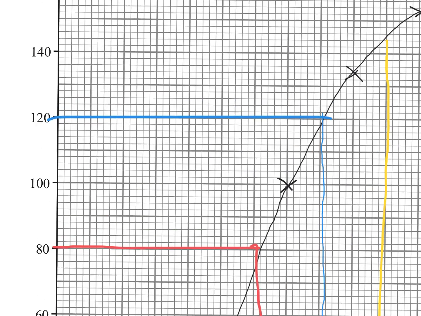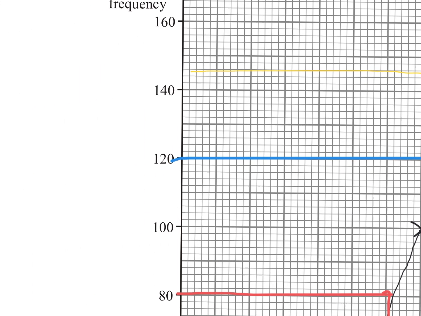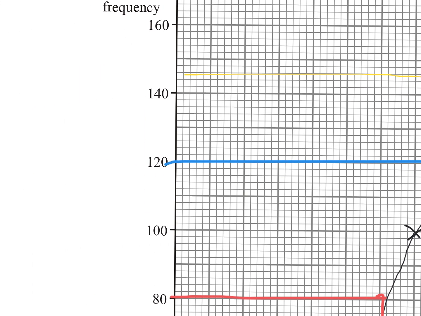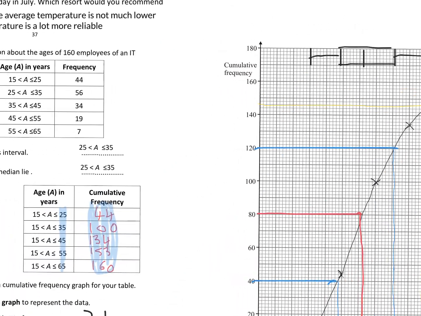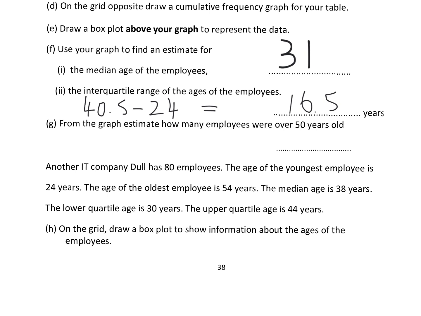And if I go across, we'll get there yet. 140. They were twos. So 140, 142, 144, 146. I'll just write that down before I forget it. 146.